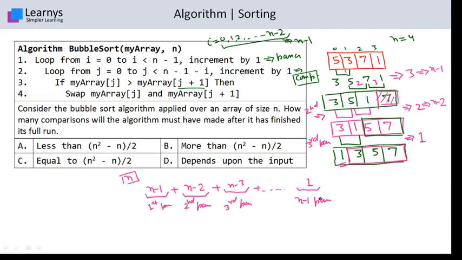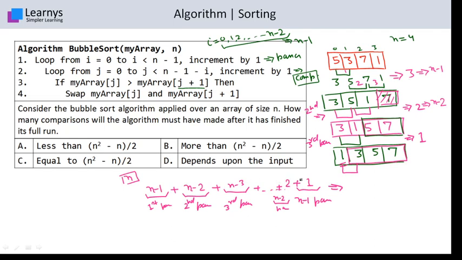So in the n minus 1th pass only one comparison will be there, and before that, in the n minus 2th pass, 2 comparisons were there. In the last pass only one comparison is there, and that comparison is between the first and second elements.